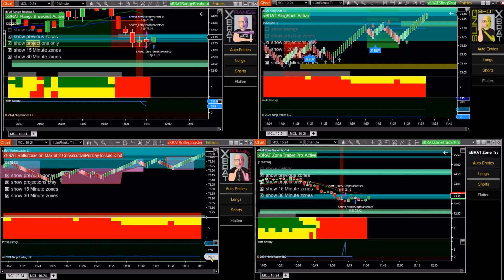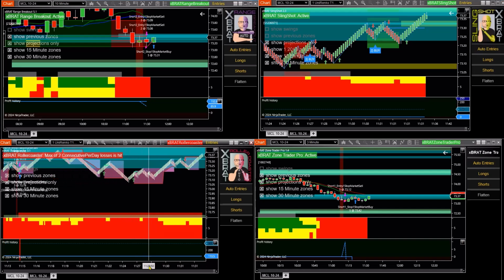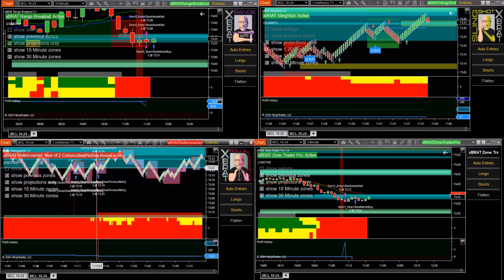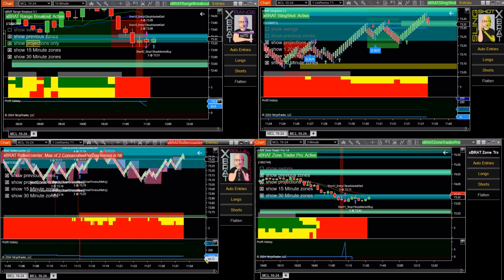I've made $110 on the roller coaster. It says 2 consecutive losers per day. There were actually break evens, but it's very twitchy at the moment because it's a very fast time frame. But that's good. That's 110 bucks. That money's been made there. So very happy with the strategies running side by side.